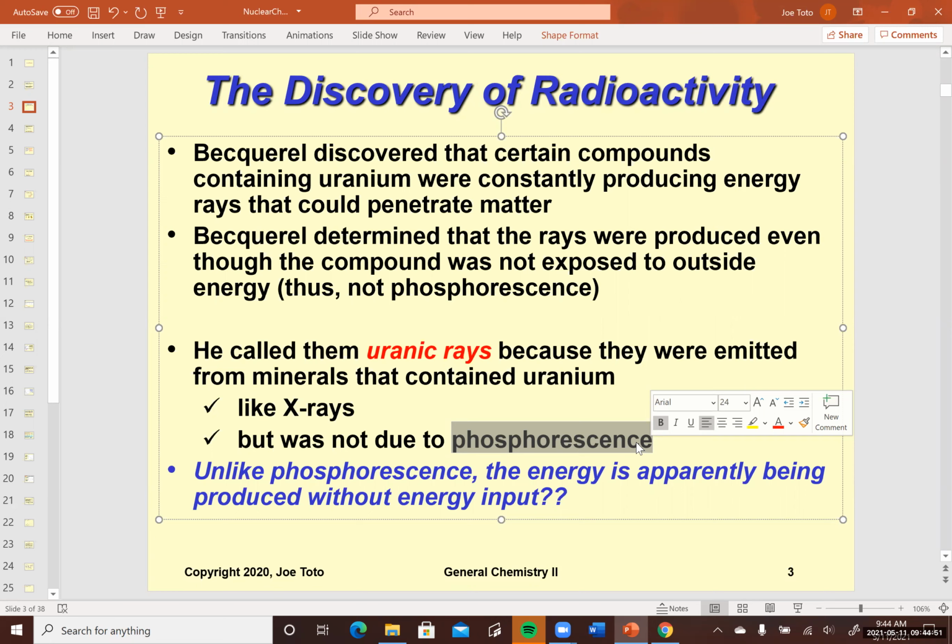Essentially, it's a forbidden electronic transition, and you've studied electronic transitions in Chem 200 for atoms. When they're in an excited state, they give off energy. Electrons jump from higher energy states to lower energy states, and they give off energy in the form of light. This is kind of what phosphorescence is.